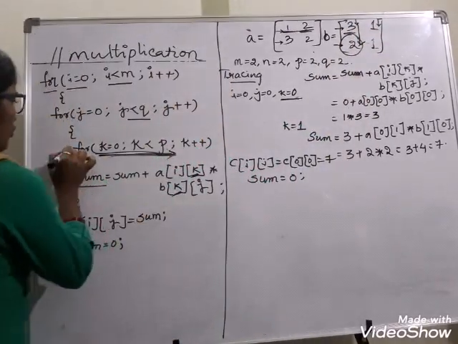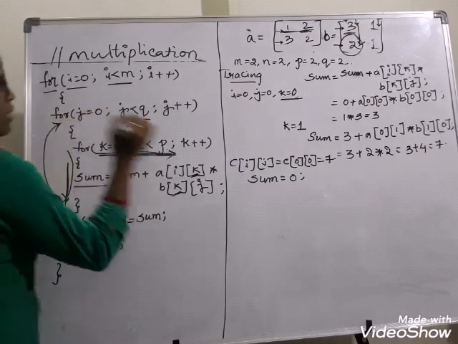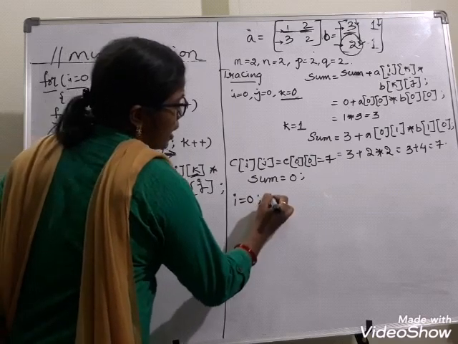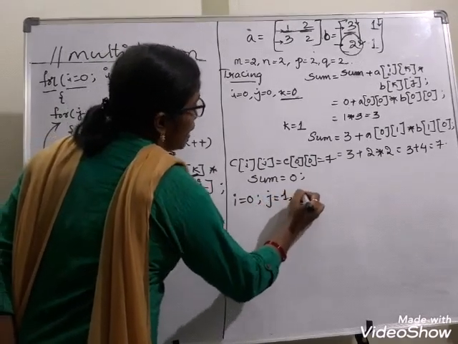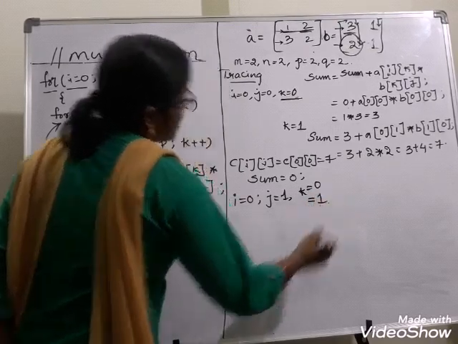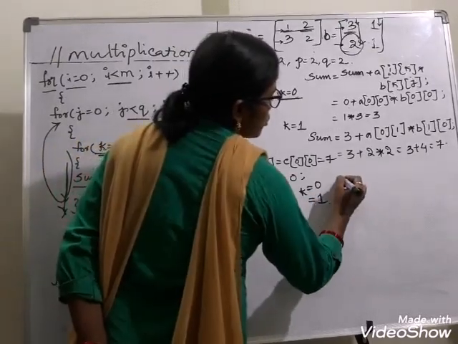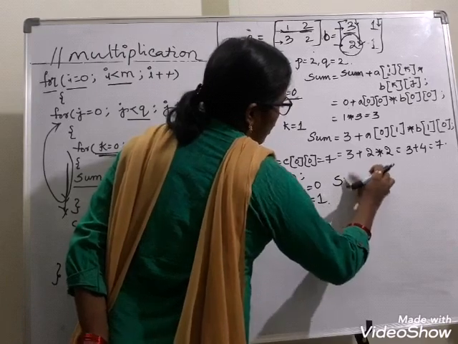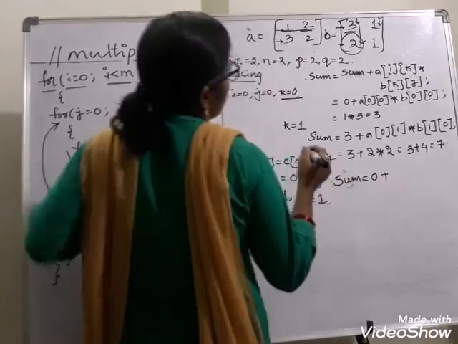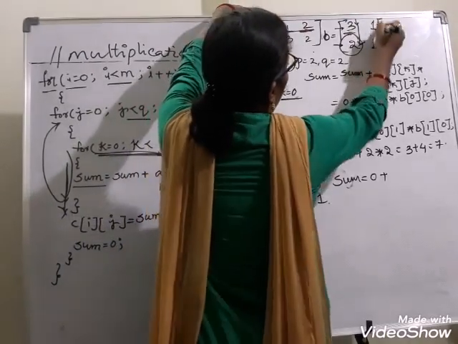Next, after coming out, what happens? Your i value will be the same, 0, and your j value will be 1, and you have to perform for k equals 0 as well as k equals 1. So your sum will be 0 plus, again, this into this.